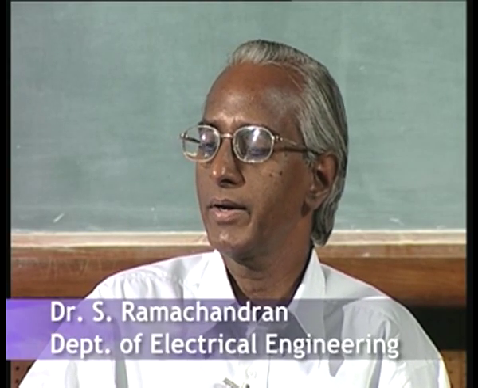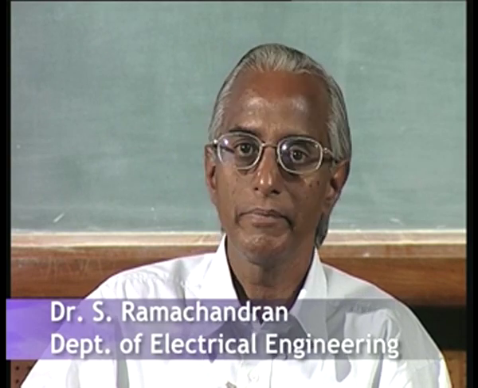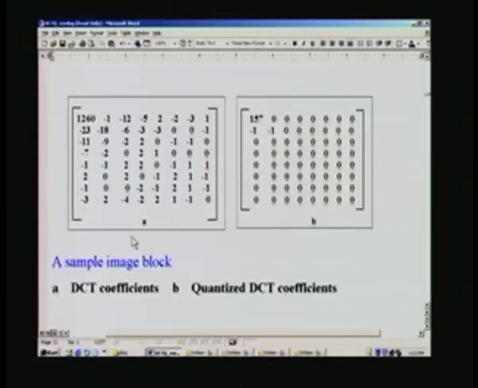We were looking at the novel algorithm we have developed for DCT quantization etc., and we saw this matrix which is the outcome of the application of DCT on an image block. We have not shown the image block deliberately.